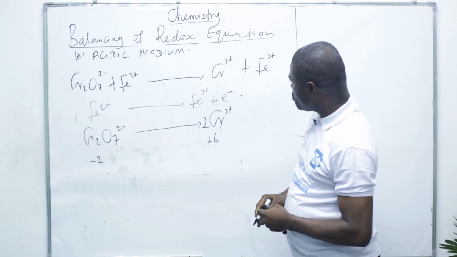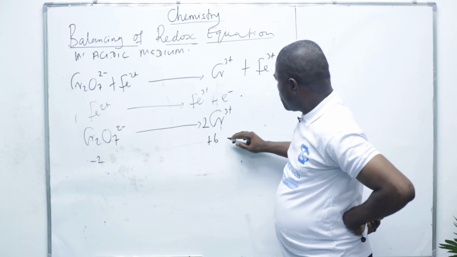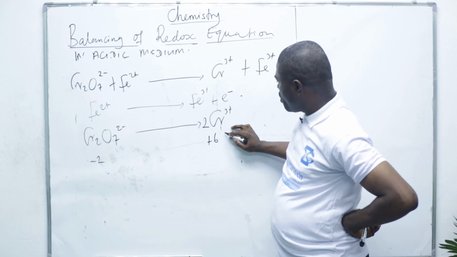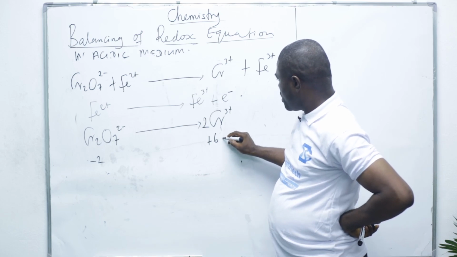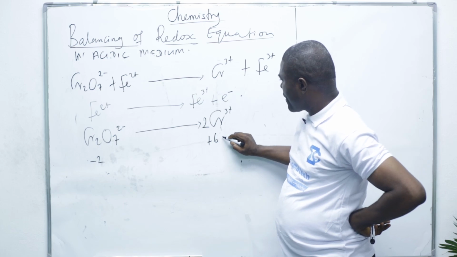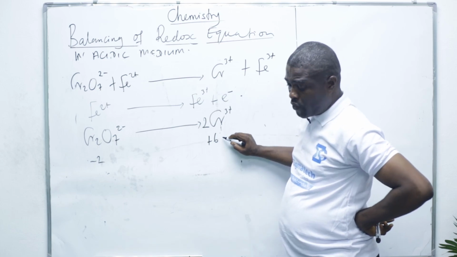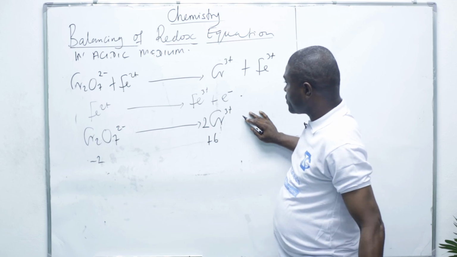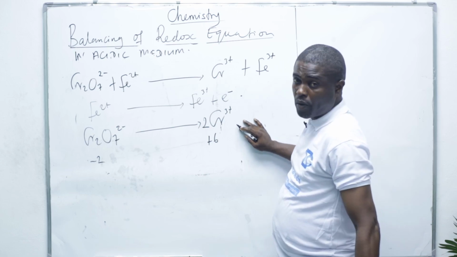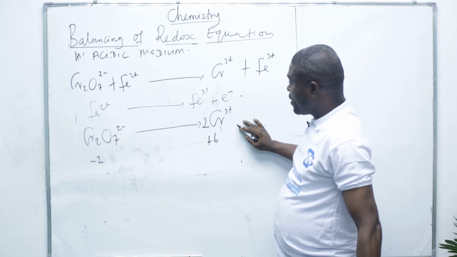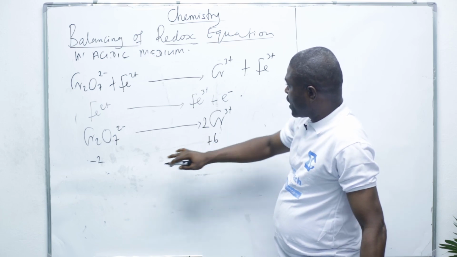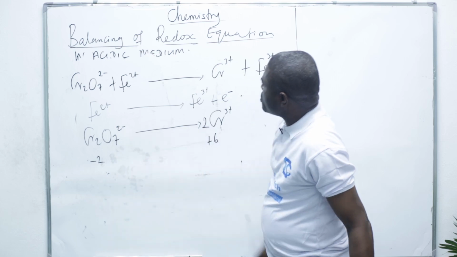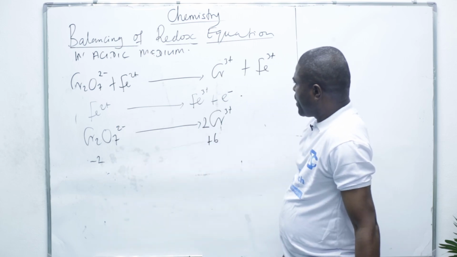What am I going to do? Place the number here. How many electrons are we going to place here to balance it? Check very well. I have +6 here and I have -2 here.